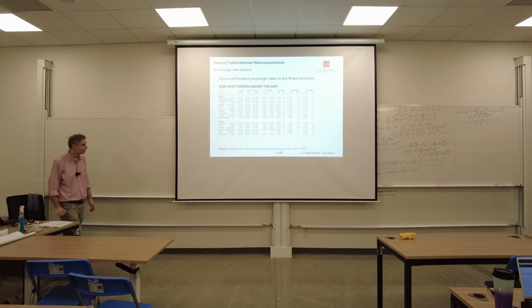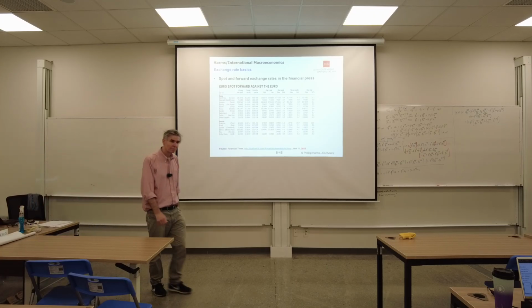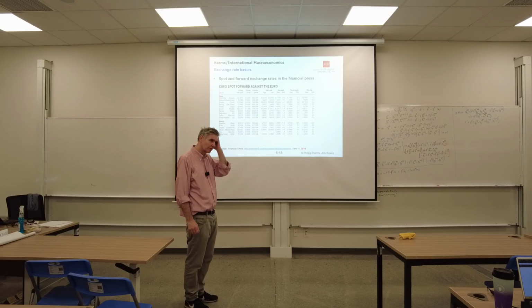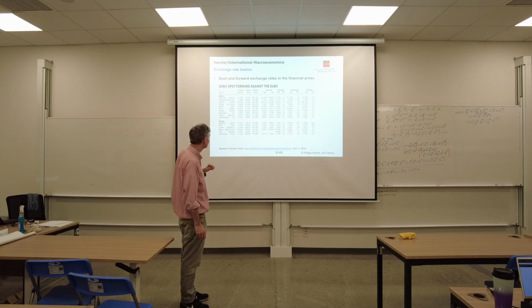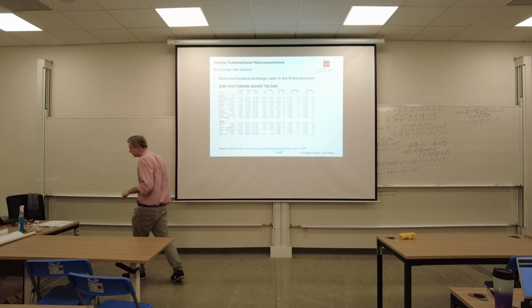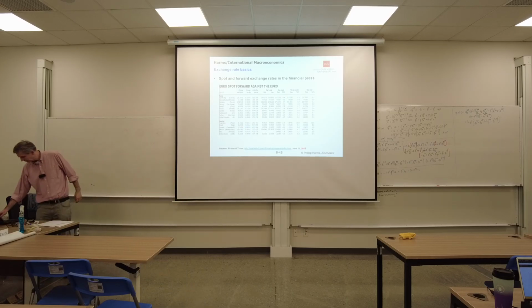So this is something that's pretty old. The Financial Times in the good old past put this on the internet, these tables. And how do you read that? This is euro spot forward against the euro. And let me pick out the Swiss franc.